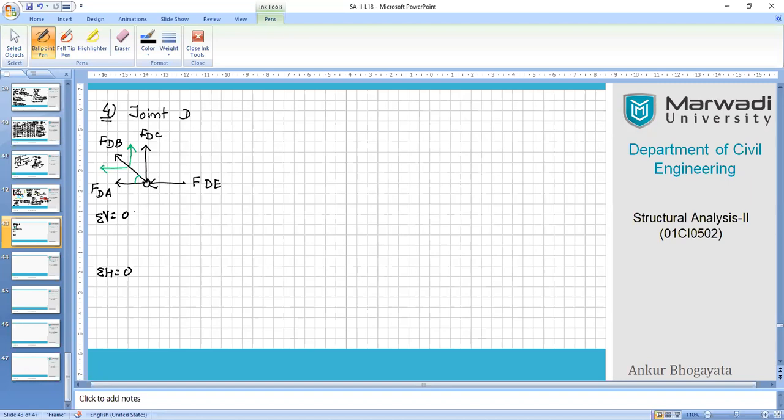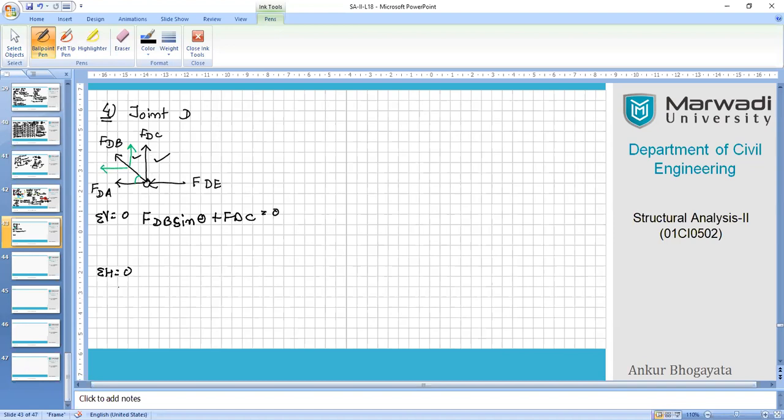Okay, so FDB should be sine theta plus FDC. That's it. Do we have only two vertical forces? Yes, that's correct. So equals 0.